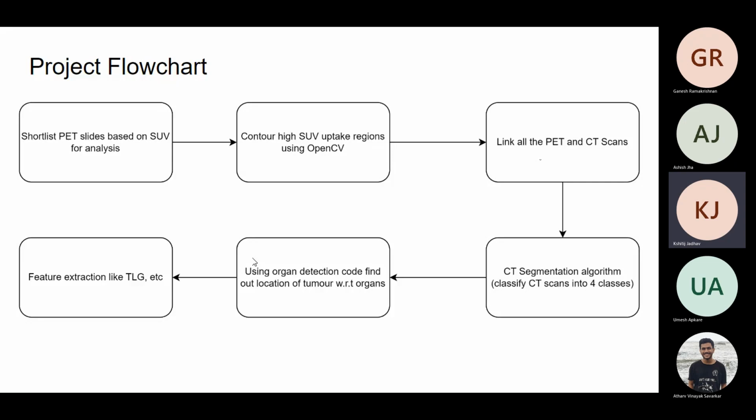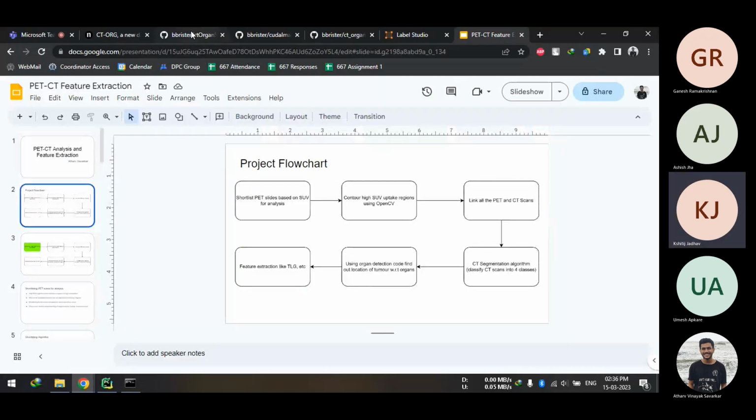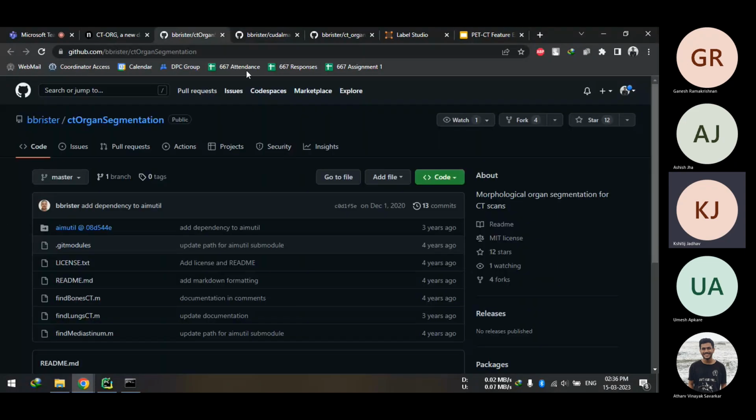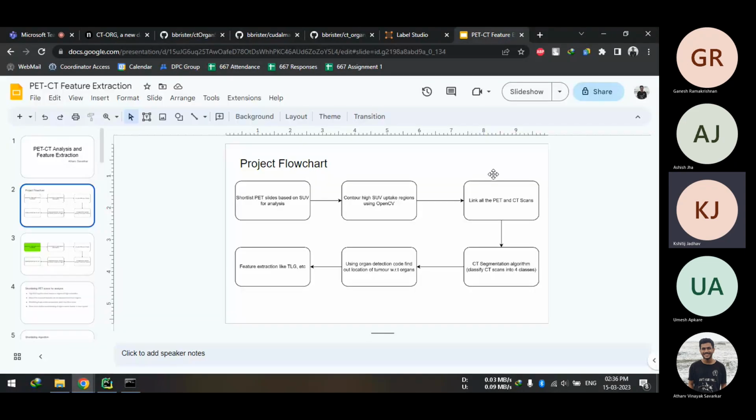Because you have a pre-trained algorithm now to identify the organ, once you have the CT scan corresponding to the PET scan, you use that as a test data point on the pre-trained model that they have given us, and you can identify which organ it is.